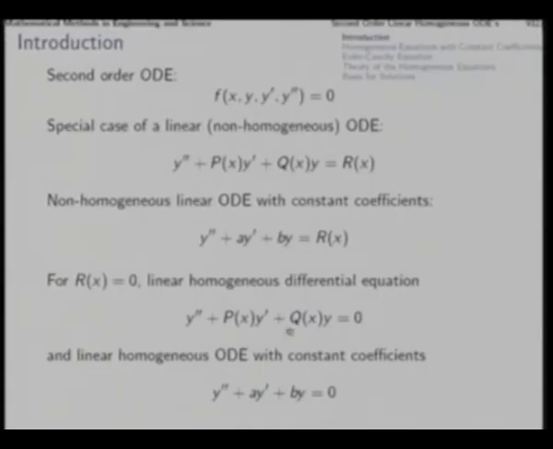Similarly, here if we have constant coefficients, then we get a linear homogeneous ordinary differential equation with constant coefficients, which is this, right. Now, this can be considered a special case of this by making the coefficients constant, or a special case of this by putting the right hand side as 0.